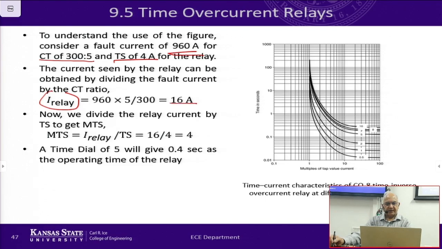Now, keep in mind that the x-axis of these relays is not the actual amps. It is the multiple of tap setting. Multiple of tap setting is, if you have a tap setting, how many times the current is flowing. So what we have to do is to find the quantity that is on the x-axis here, which is MTS.